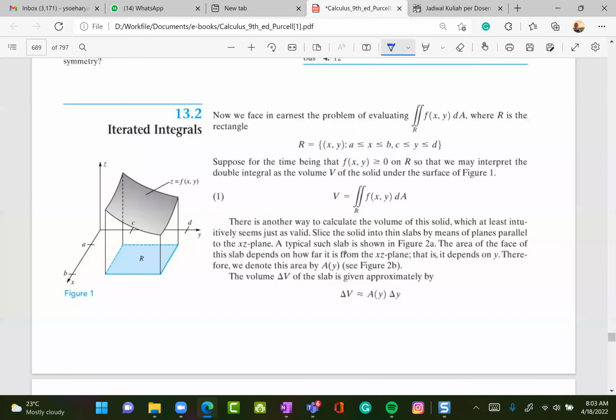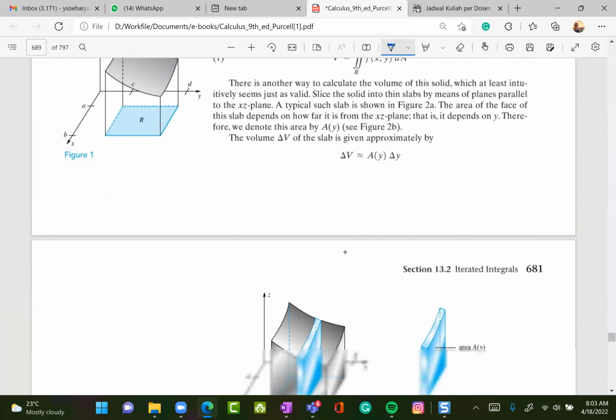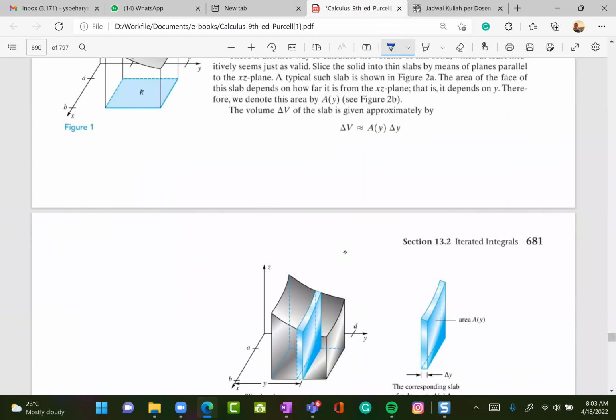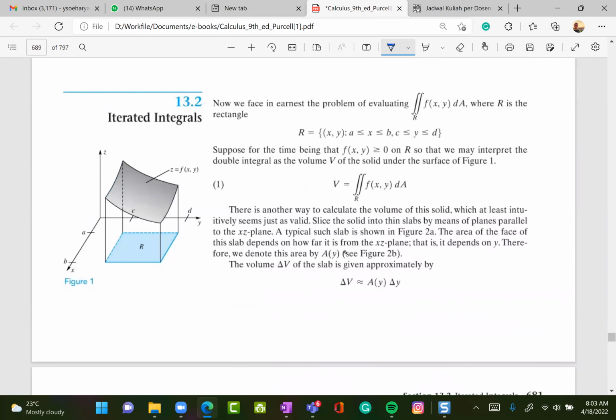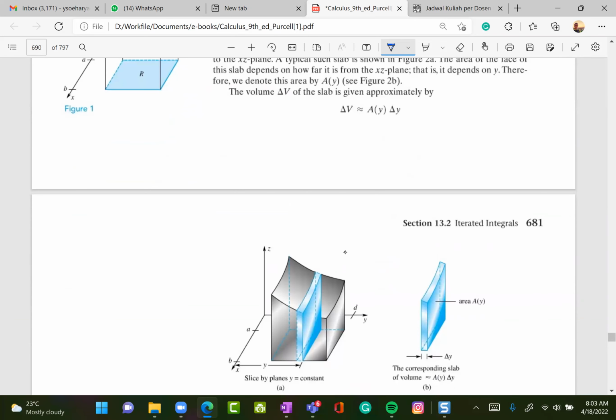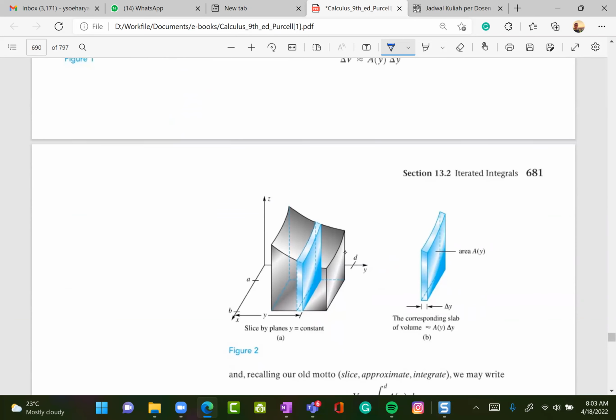Let's take an example here. Okay, so suppose we have a function, a surface like this. Okay, so if you proceed, you make a slice with y constant. So x varies, y constant. So you make a slice like this. Okay?